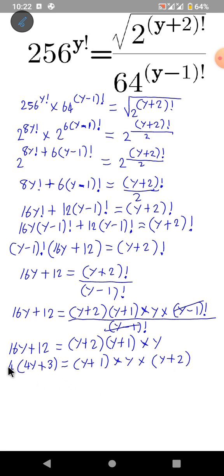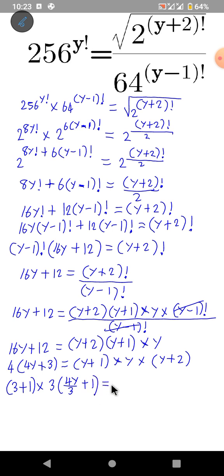Now this 4 I can write as 3 plus 1. Then now I'm going to factorize this 4y plus 3. So say 3 plus 1 times, now I'm going to take out 3 here. So here now becomes 4y all over 3 plus 1.